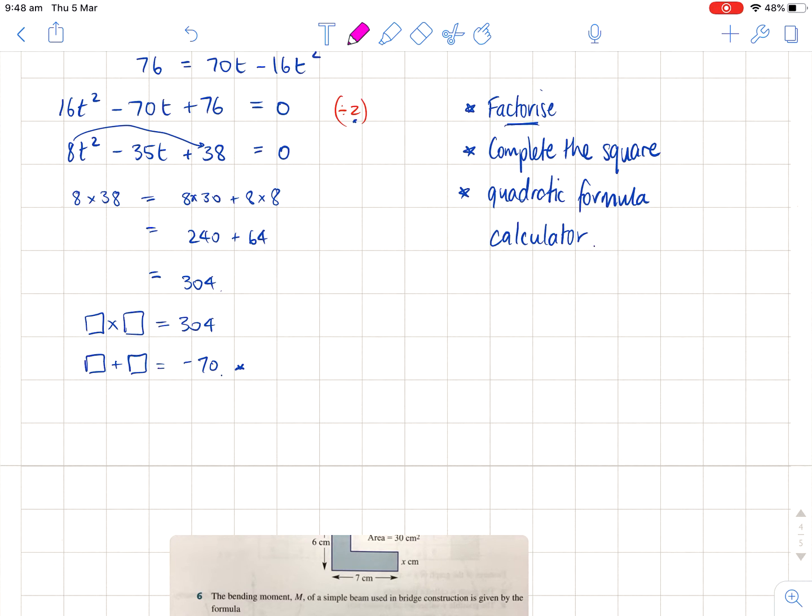If I complete the square from this equation, 8t squared minus 35t plus 38, the first thing I have to do is take out a common factor of whatever's in front of the t squared term.